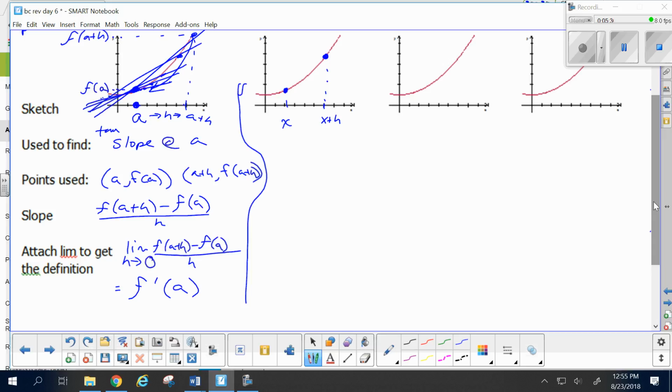The y values will be f of x and f of x plus h. And I still want to focus on slope between those 2 points, approaching slope at just x. Now, this is not going to just find the slope at specific a, but the slope at any x on the curve.